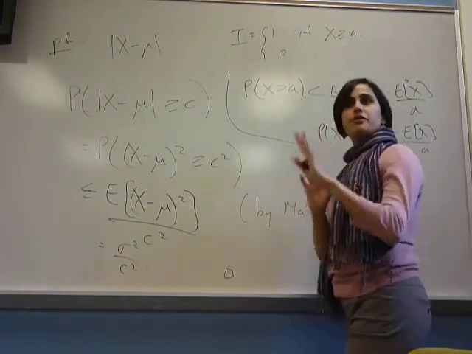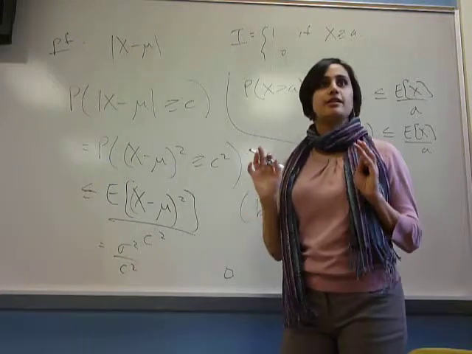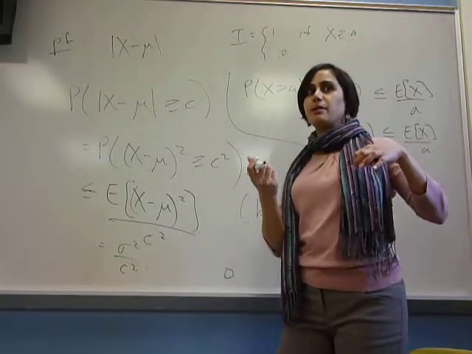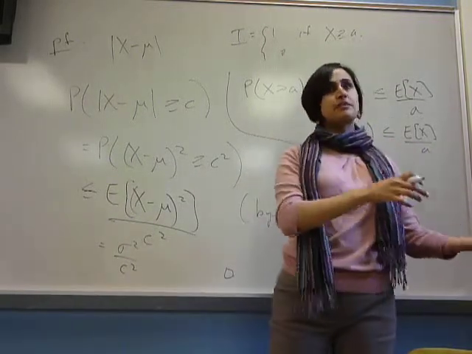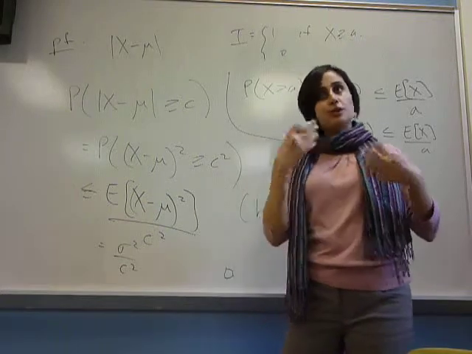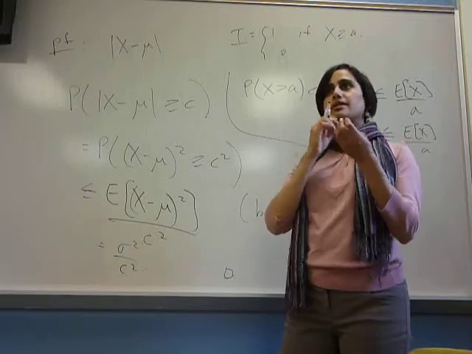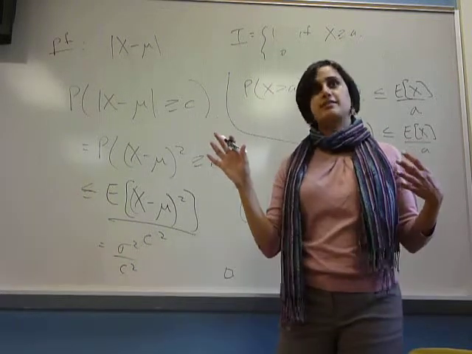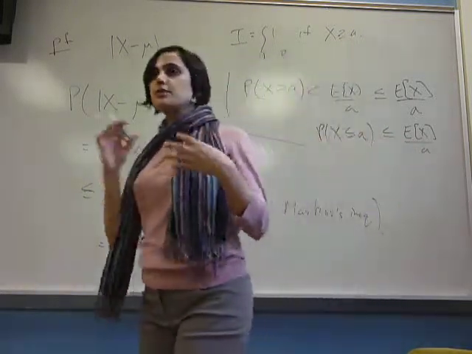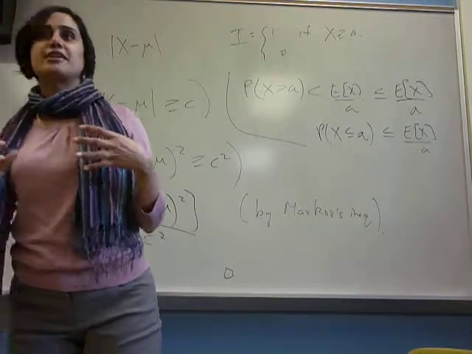So there's nothing like continuity correction coming into the picture here. I'm not approximating something discrete with something continuous. That's the only time we have continuity correction. I'm just giving an upper bound, that's it.